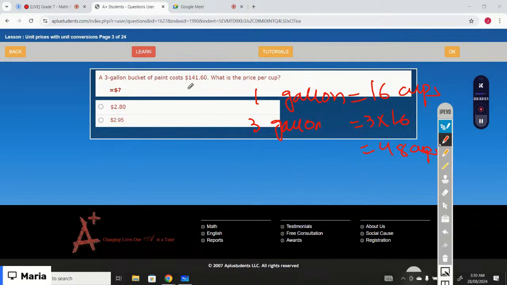So now you have to divide that. Basically, $141.60 is the price of 48 cups. So simply divide it by 48, right?